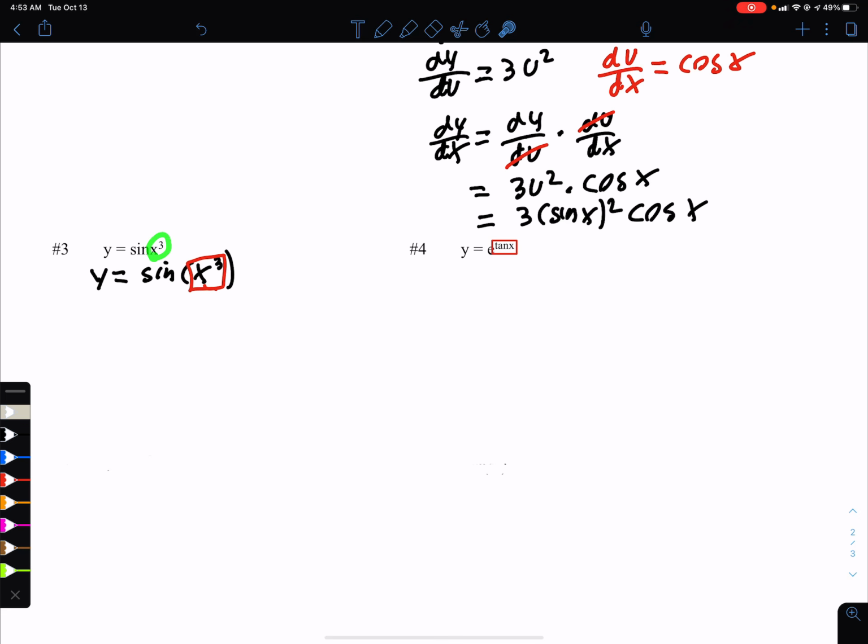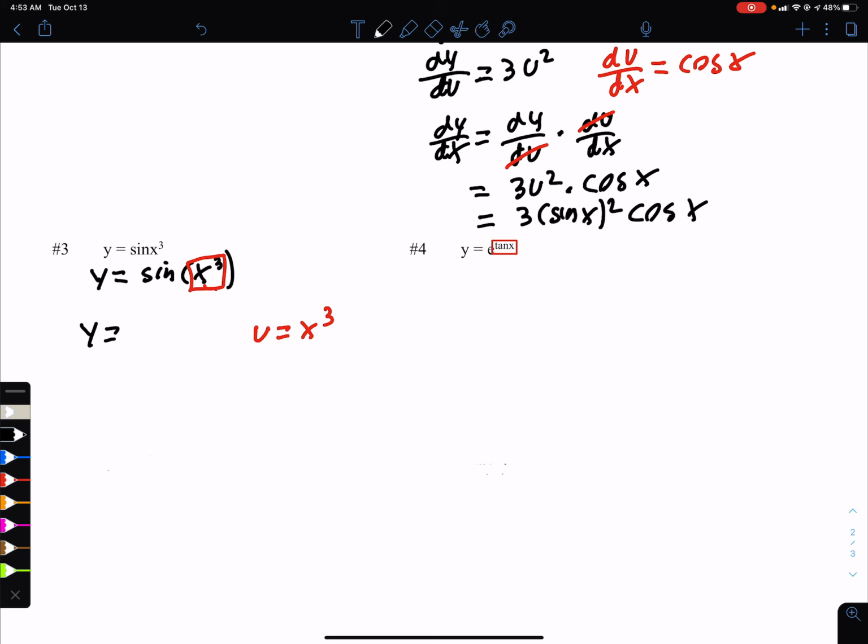The x cubed is being acted upon by the sine. So the x cubed is the inside function. So I make the inside function u. And it didn't have to be u. I just chose u. It's a very common way they do it in calculus, u substitution. You could pick w, p, q, whatever you want, but u is just a common way of doing it.